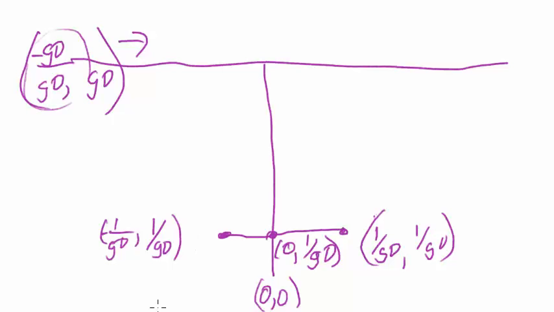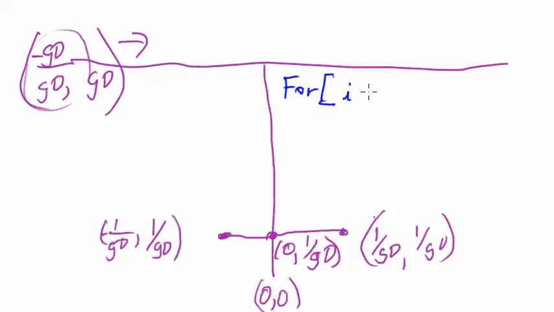So we're going to have a nested loop basically for, let's call, I don't know, I equals 1, 2, this is 1 over grid density, 2 over grid density, 3 over grid density, 4 over grid density, 5 over grid density, 6 over grid density, and then grid density.